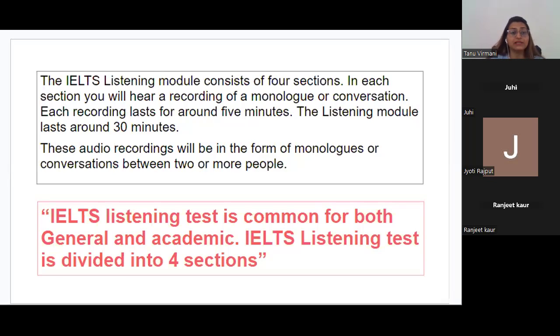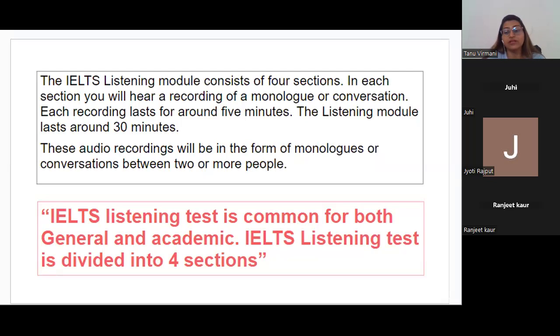This complete listening module will be 30 minutes. One difference here is if you are preparing for paper-based IELTS, you have 10 minutes more to transfer your answers to the answer sheet. But if you're preparing for computer-based IELTS, then you have only 2 minutes to review your answers, because in 2 minutes you can't write all the 40 answers, right?